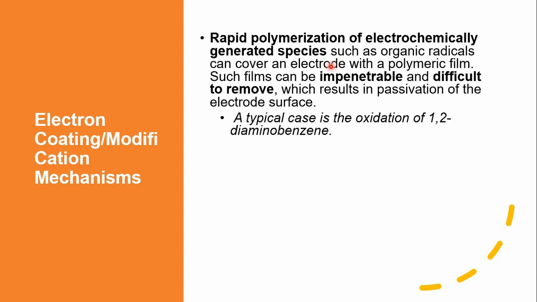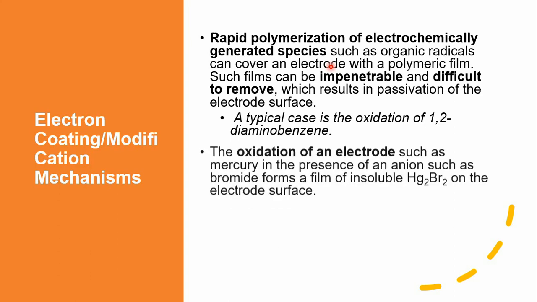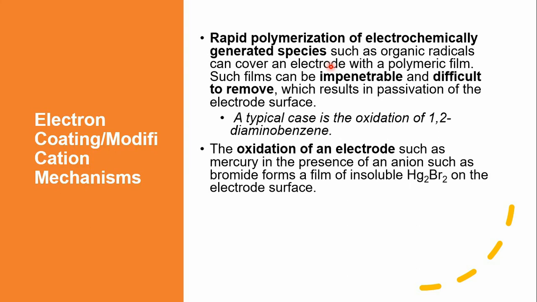A typical case of this type of process is 1,2-diaminobenzene. And the oxidation of an electrode, such as mercury, in the presence of an anion such as bromide forms a film of insoluble Hg2Br2 on the electrode surface.